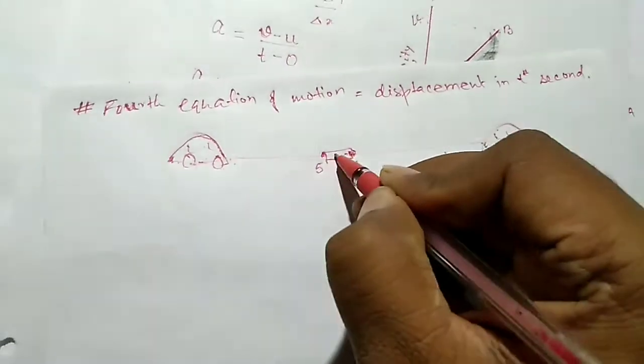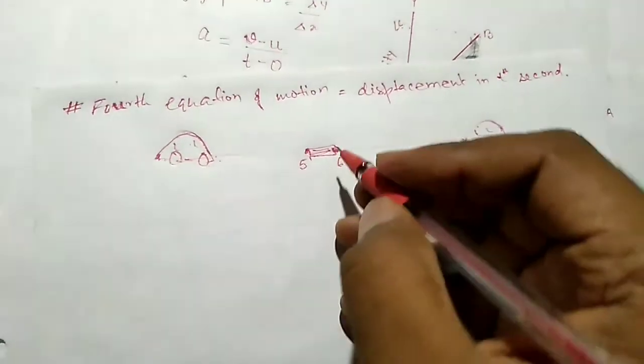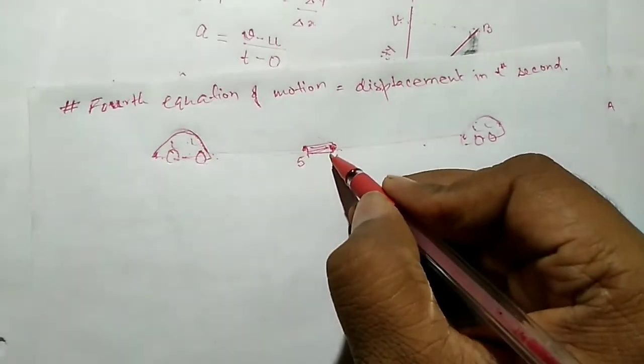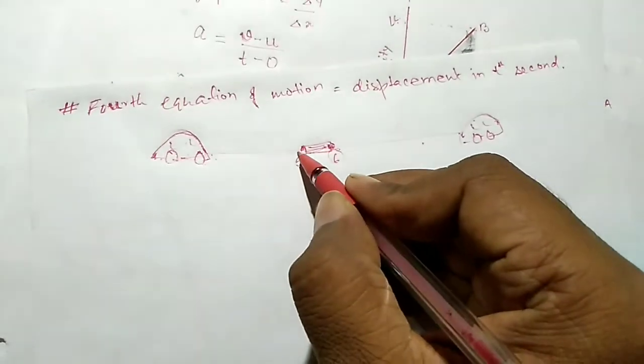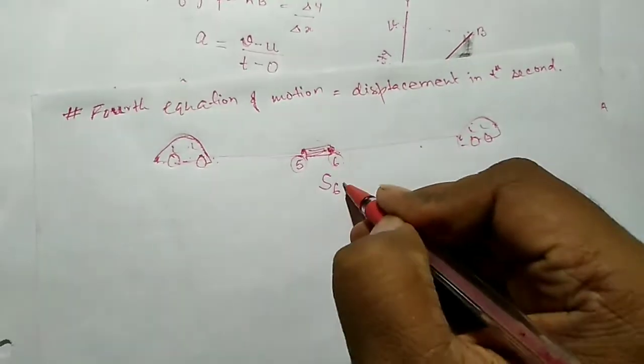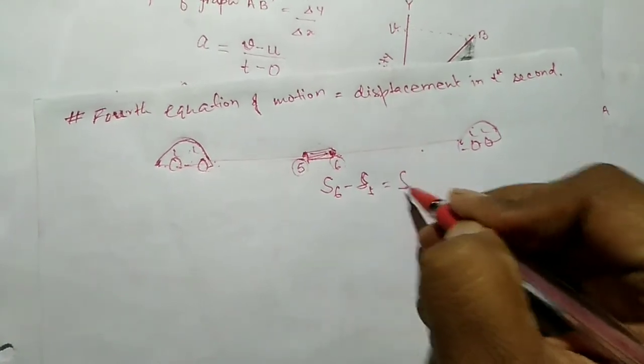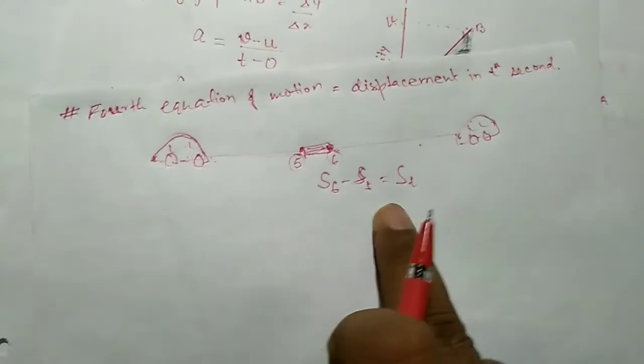During this time, what is the displacement of the object? For that, you can calculate the distance traveled in the 6th second and the distance traveled in the 5th second. Then the distance traveled in the 6th minus the distance traveled in the 5th second. So I think you can calculate the distance traveled in any particular time. Okay. So the same we are going to do.